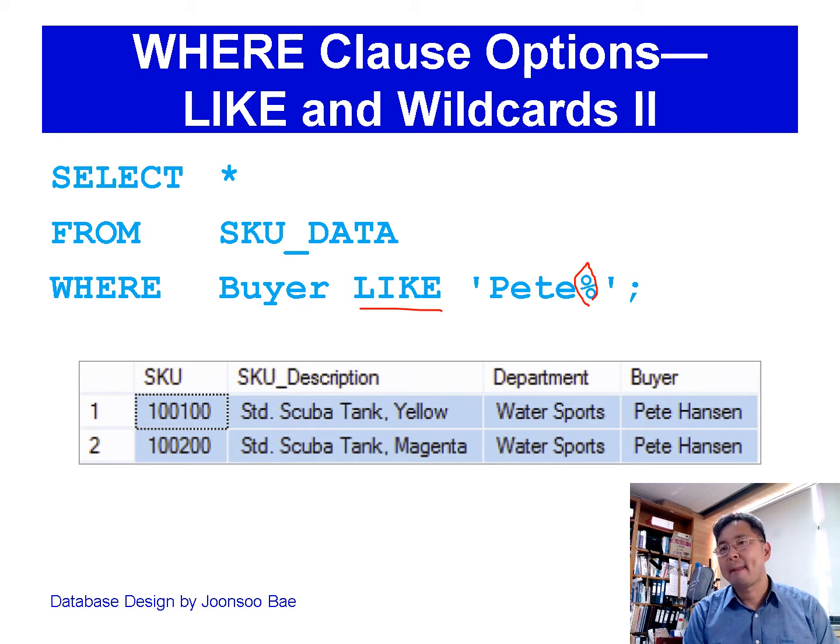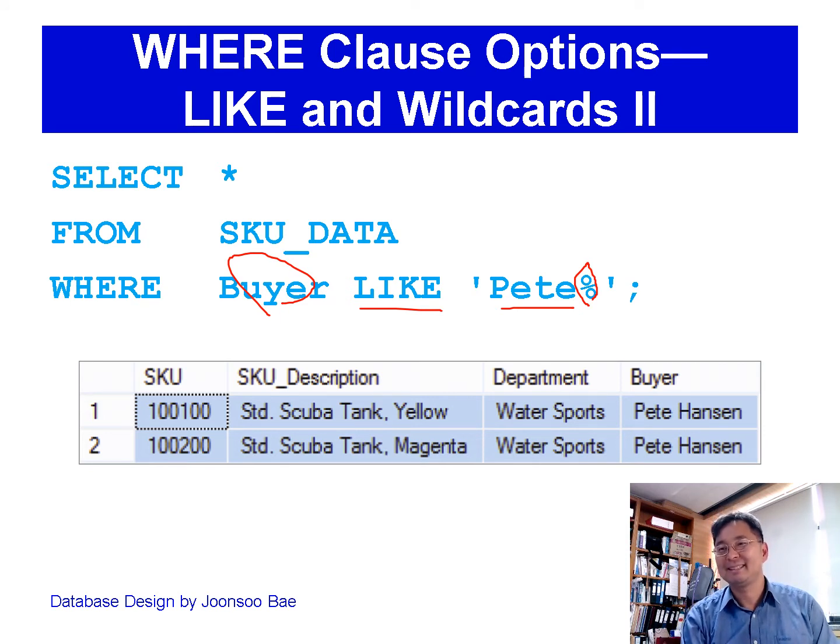Why? This is the result. So I want to search some data. Oh no, this is a correct one. Yes, buyer must include Pit, and it must start from Pit.